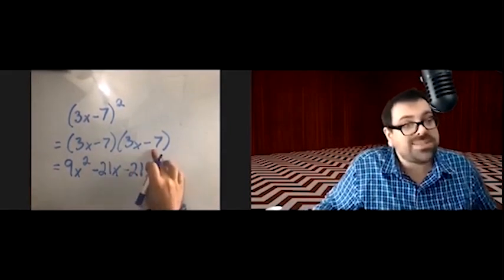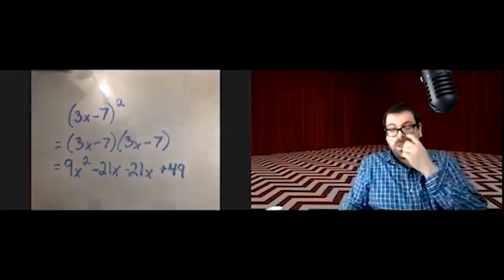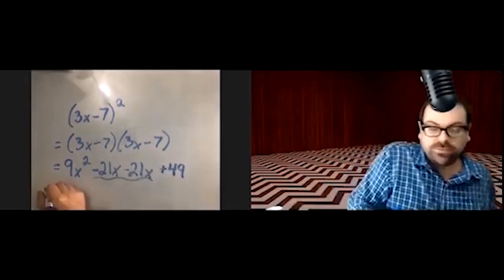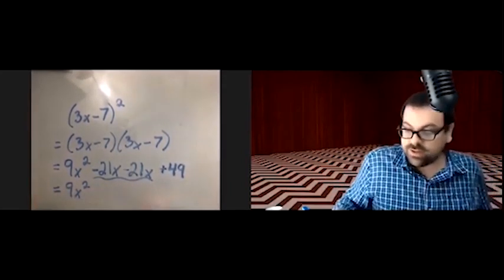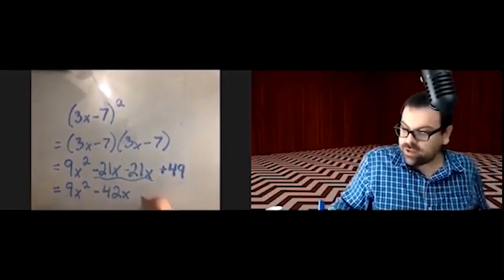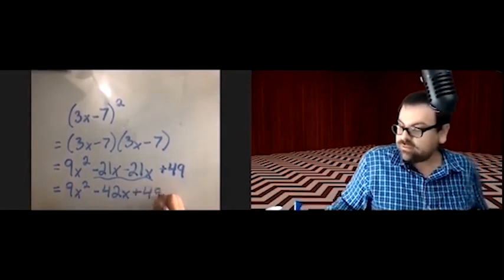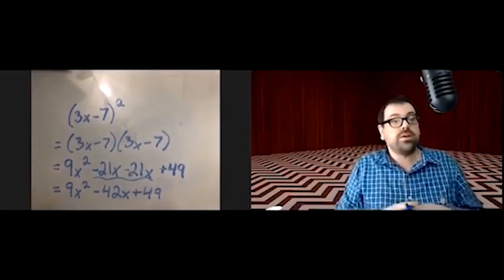Negative 7 times negative 7, positive 49. Combine your middle terms. 9x squared minus 42x plus 49. So the long way works. You can do the long way.